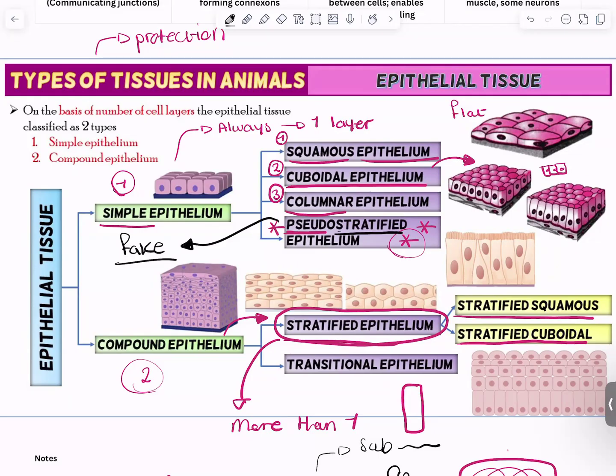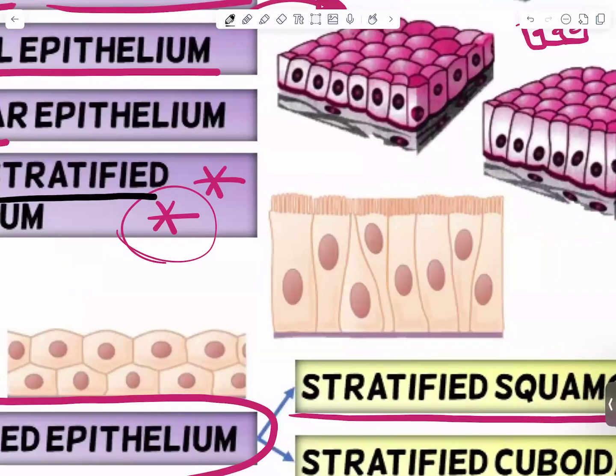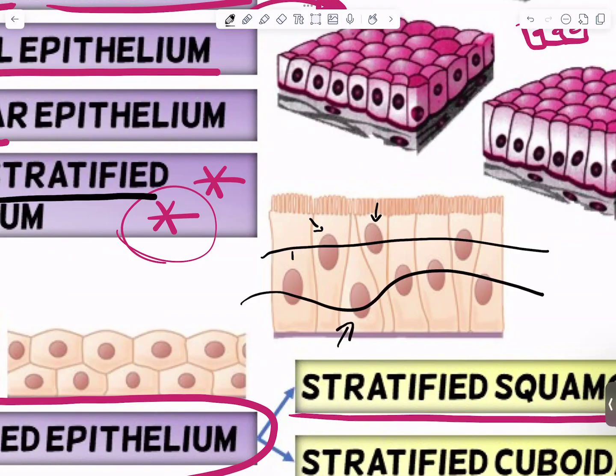Look at the shape of these cells. In the histology, when we look at the slide, we can see that one nucleus is here, another one is here, another one is here, another one is here. You think that this is one layer of cells and this is another layer of cells. Due to the irregular shape of the cells, you think that it's a stratified epithelial tissue.